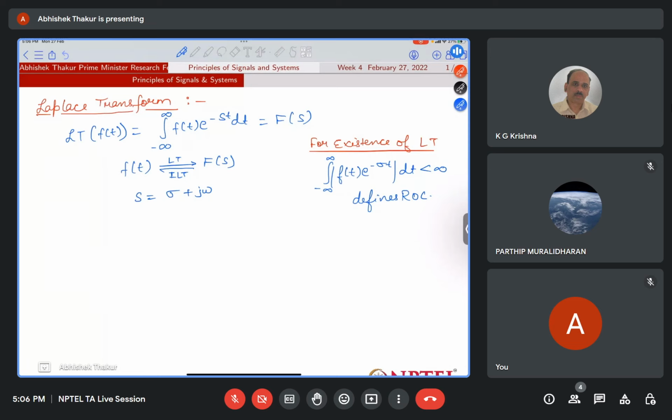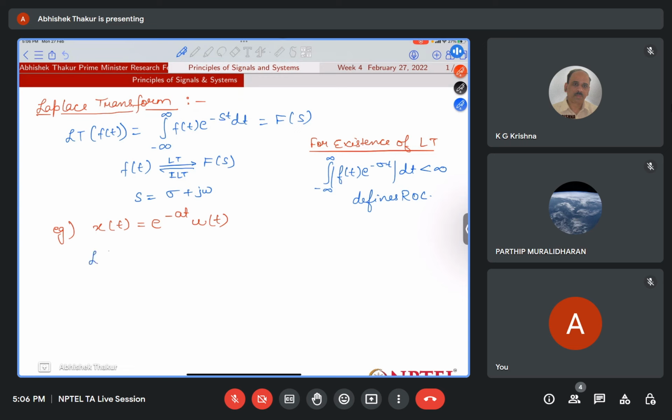Like we'll take the basic signal, that is x(t) is equal to e to the power minus at u(t). This is the simplest one, and we'll try to find the Laplace transform of this. We'll just use the simple definition, the formula of Laplace transform.